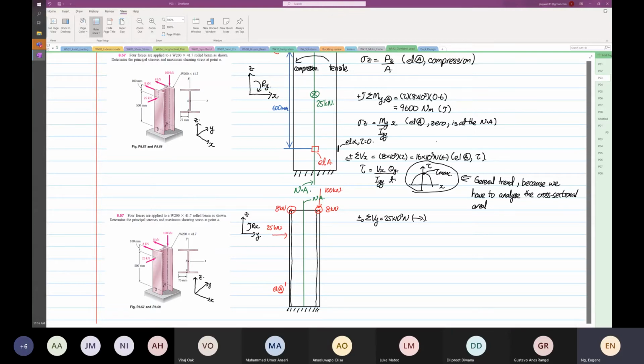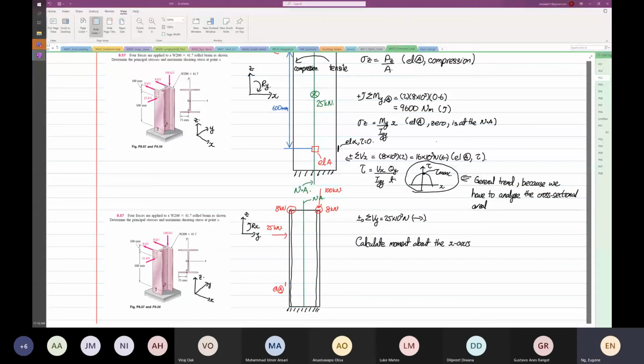So from here, next is the moment. We're going to calculate the moment about the x-axis.